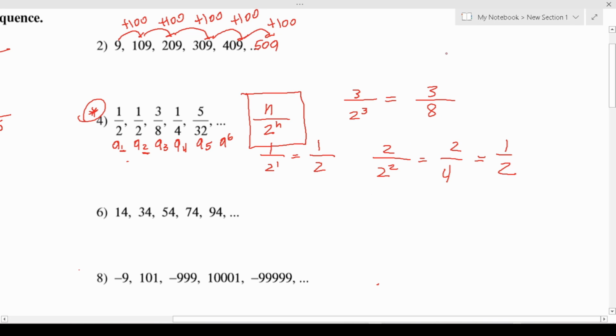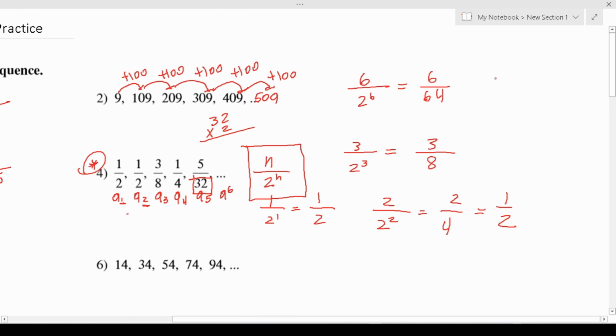So that's going to look like this. 6 over 2 to the 6th. And to find 2 to the 6th, we have to realize that this was 2 to the 5th. So it's going to be 32 times 2, which is going to be 6 over 64, which we can reduce, of course, given that 2 goes into 6 as well as 64.